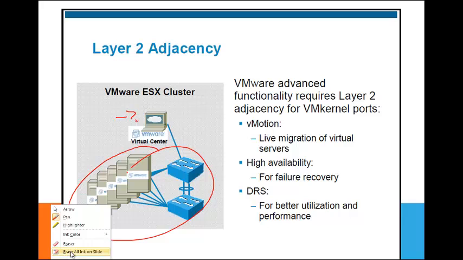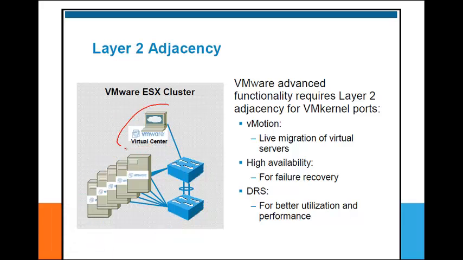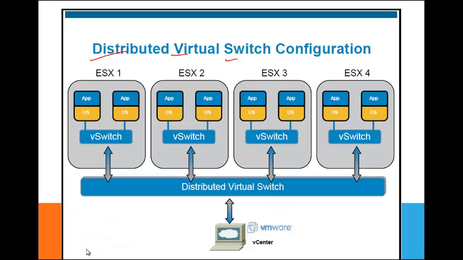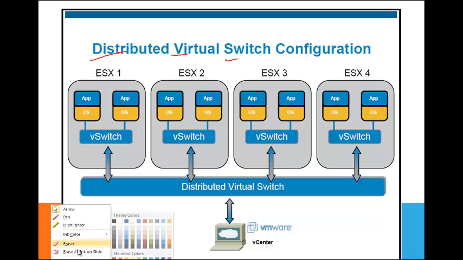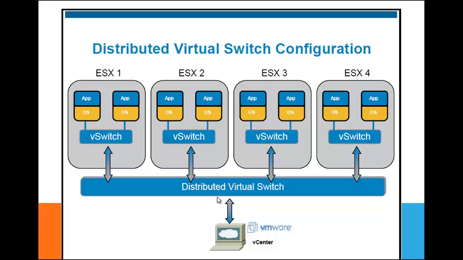If we want centralized management of vSwitches on different hosts, this is one computer, this is another computer, then what we need is something more than a vSwitch. That something more is called DVS, distributed virtual switch. What it gives is centralized management.